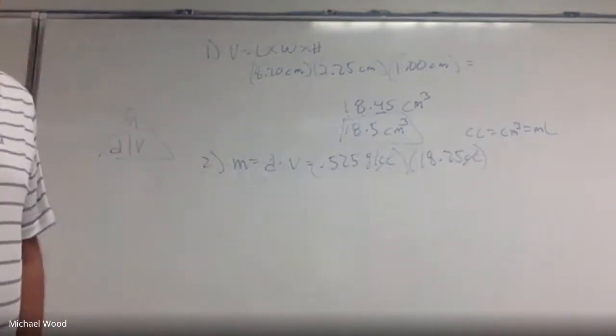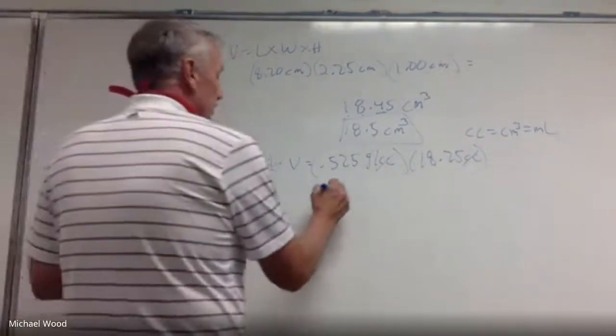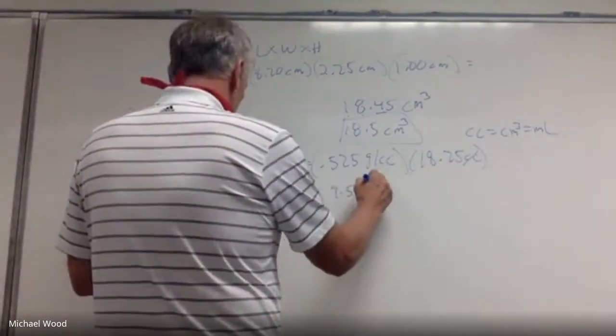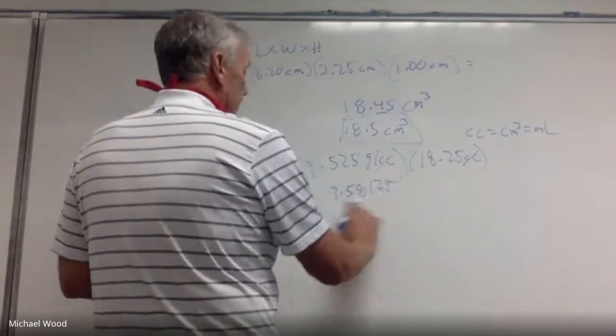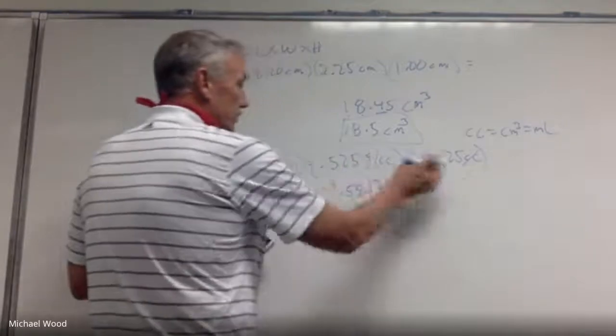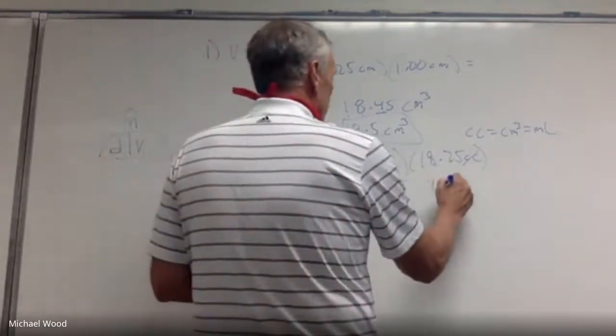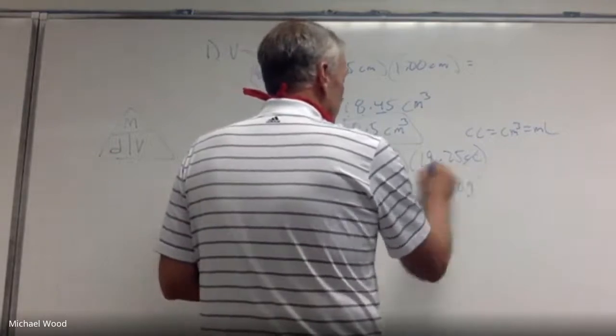So if I have 0.525 times 18.25, my calculator says 9.58125. Well, that is 6 sig figs. I want 3 sig figs and 4. Remember, we go with the number with the fewest sig figs. So I'd have 9.58 grams.